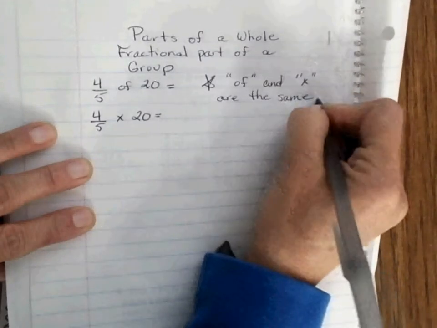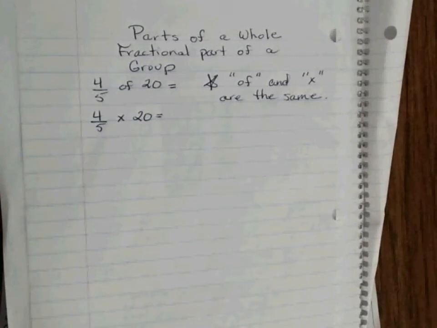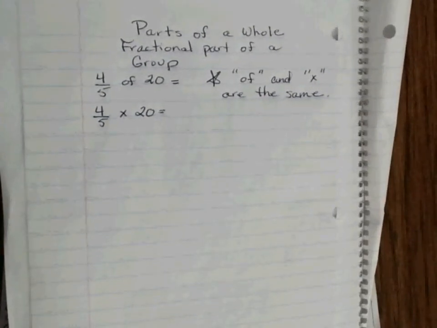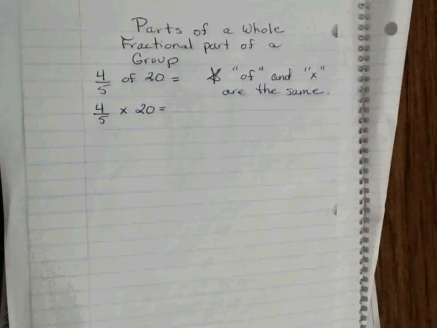So if I'm trying to find 4/5 of 20 students, I can write the problem as 4/5 times 20. Okay, so my answer, we know, is going to be less than 20, right? Because 4/5 is not a whole. So my answer has to be less than 20. Okay, 4/5 of 20.